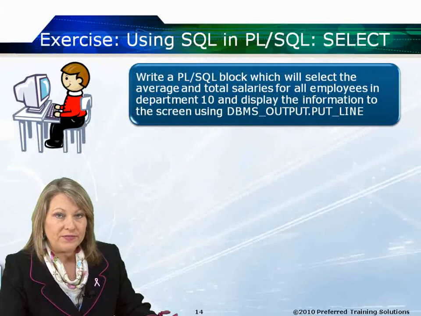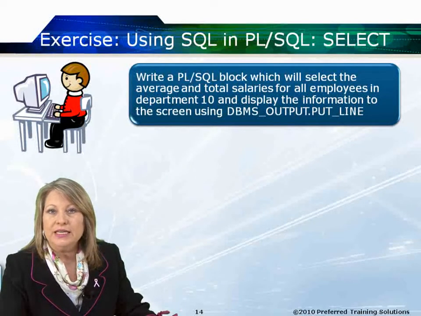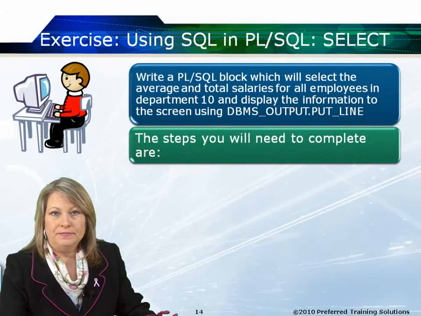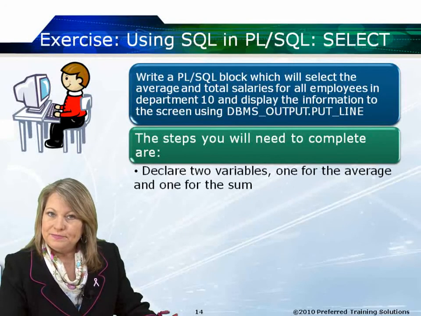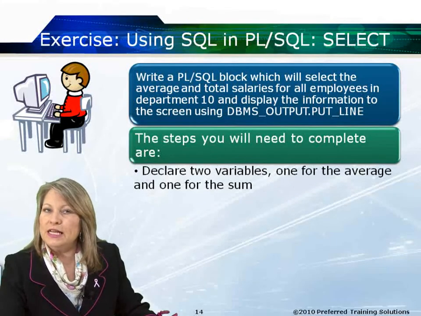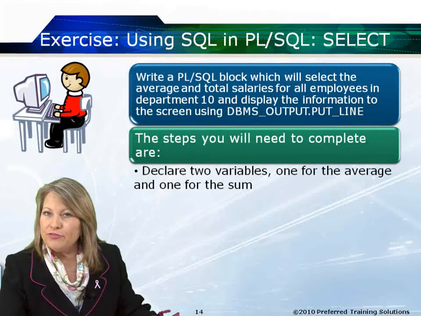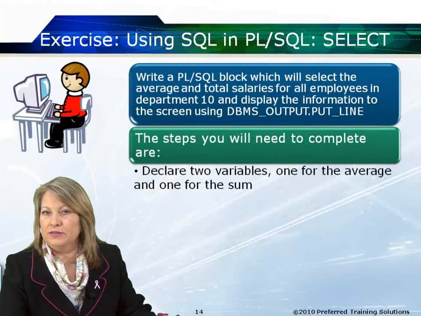Once you've retrieved that, we'd like you to display the information to the screen using DBMS_OUTPUT.PUT_LINE. The specific steps that you will need: first of all, you'll need to declare two variables. You're going to need one that's going to hold the average salary, and then another one that's going to hold the total of the salaries.